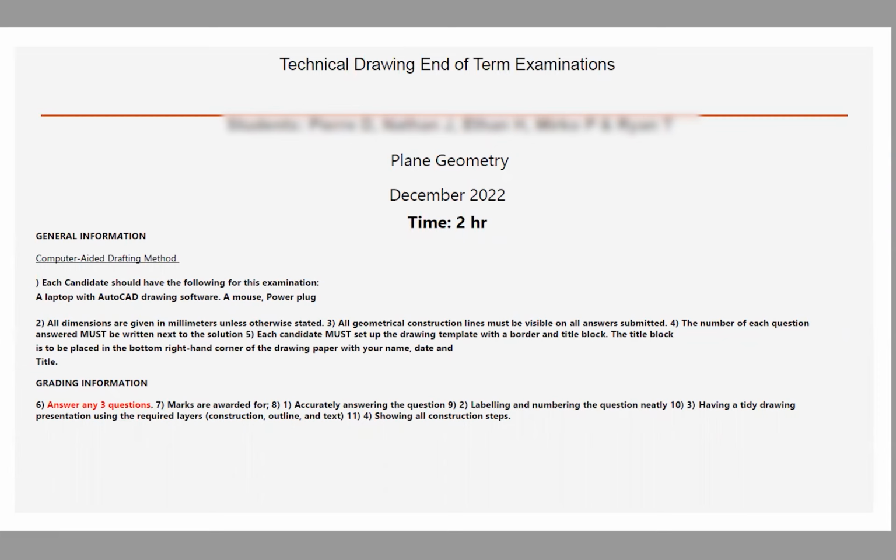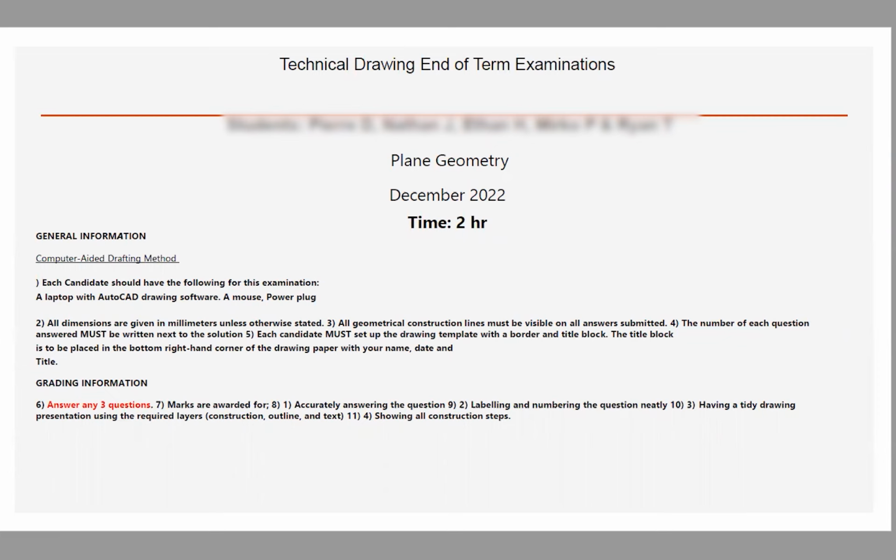So let me just read the information here. General information, it says each candidate should have the following for this examination: a laptop with AutoCAD drawing software, a mouse, power plug. All dimensions are given in millimeters unless otherwise stated.